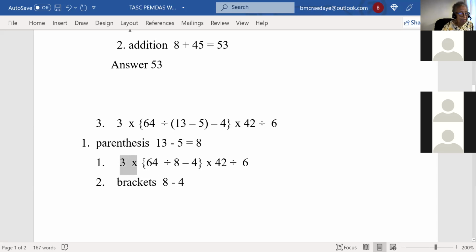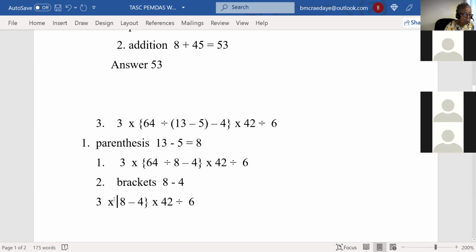So now let's just copy this over and put what we got in the brackets. So 64 divided by 8, you said you got 8. So let's take the brackets out and make this 8.